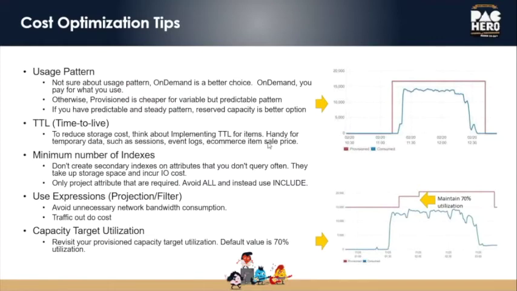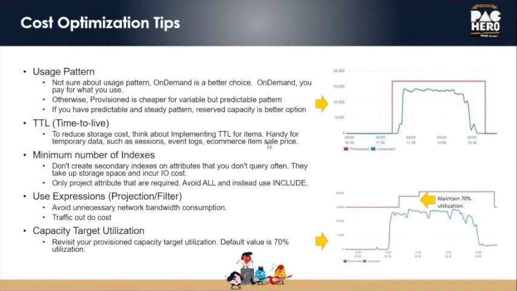There are situations where you have data that's temporary, and you won't need it after a while. For example, session information. Once the session is over, you'll probably clear out the session details. Or if you've got event logs, or let's say you've got Black Friday or different sale days, after those sales are over, you probably revert back to the old price.